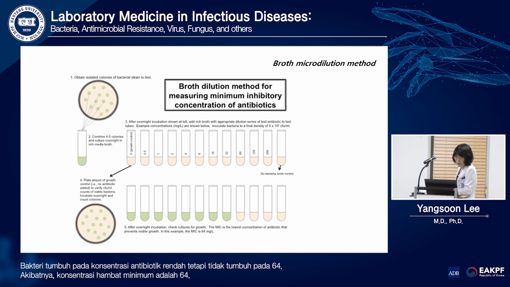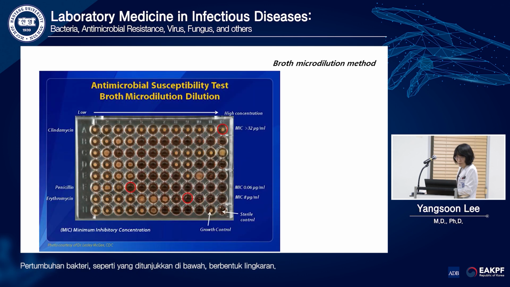It grew at low antibiotic concentration, as green color shows growth of bacteria, but it did not grow at 64. As a result, the minimum inhibitory concentration, MIC, is 64. Bacteria grow as shown below in the circle.